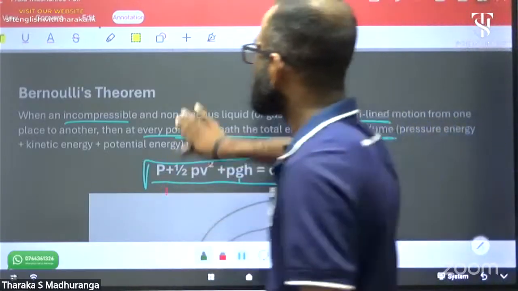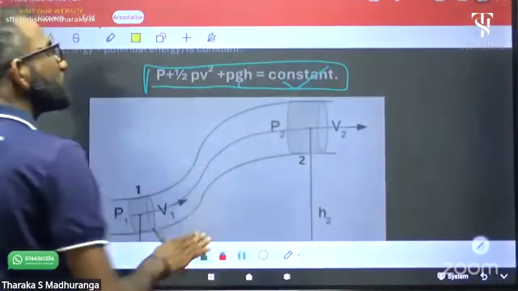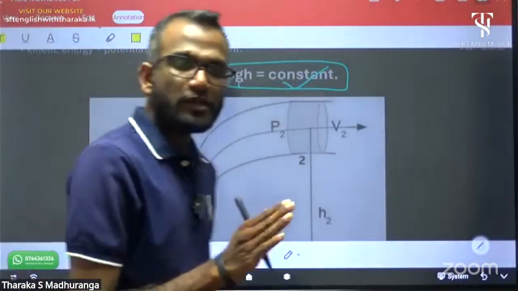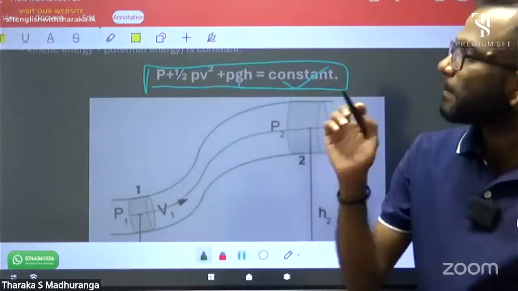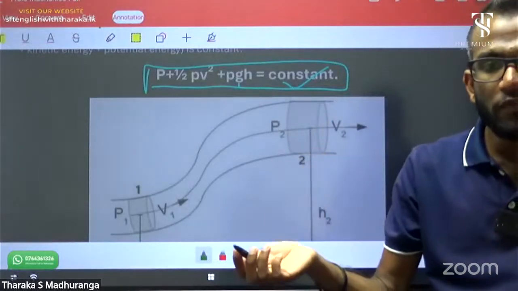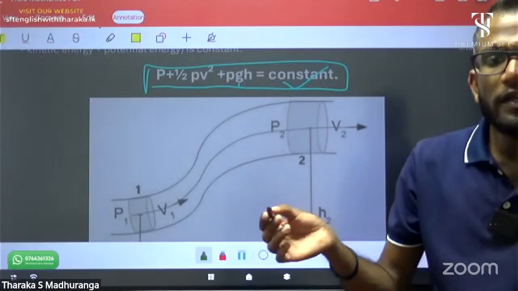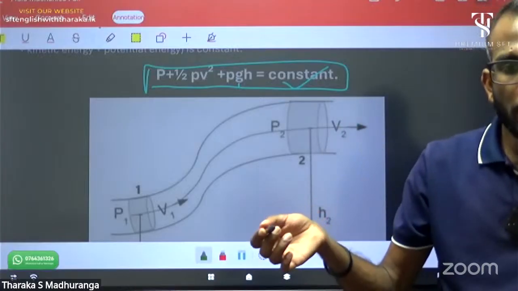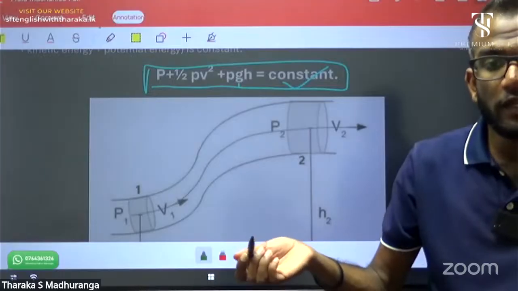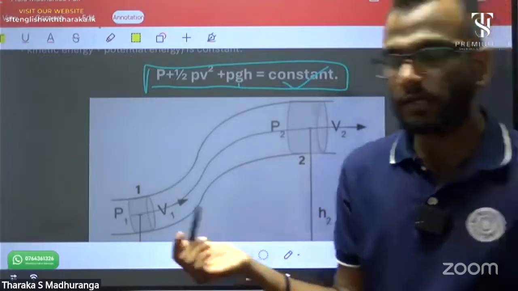Due to that, total energy per unit volume means pressure plus kinetic energy per unit volume plus potential energy per unit volume equals constant.